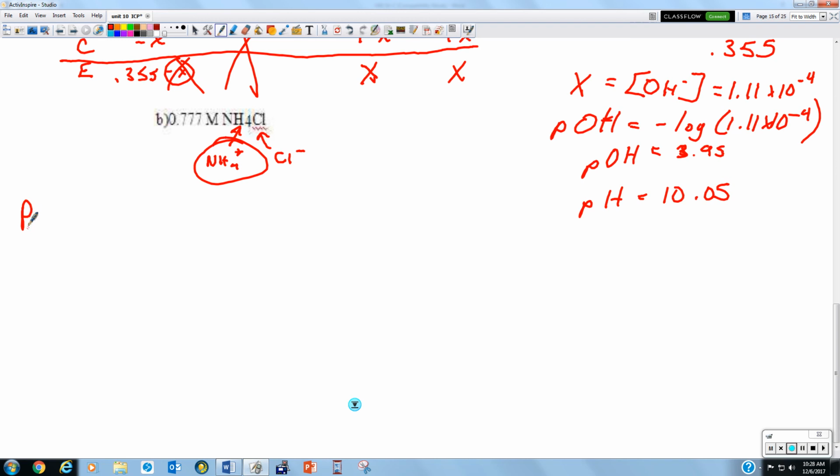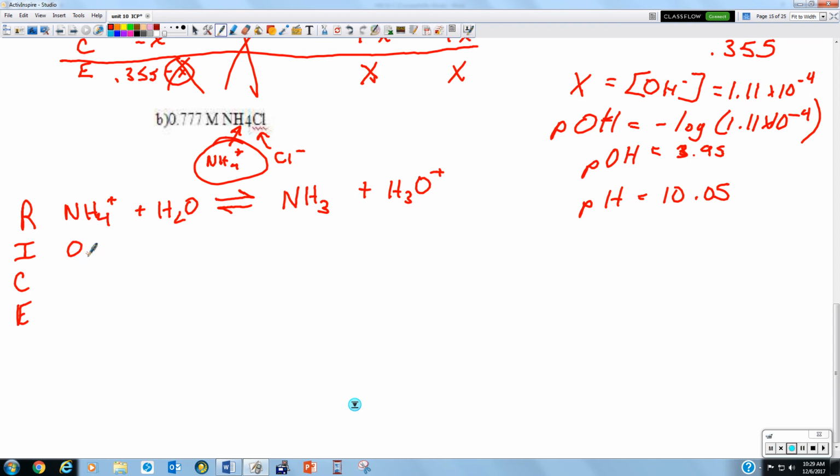So our RICE table is going to be: our original concentration is 0.777.